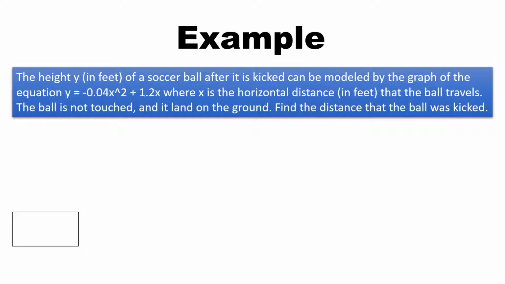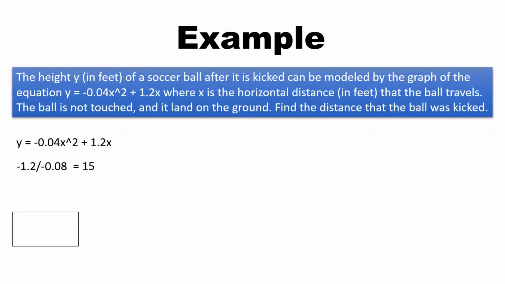To solve this, first of all you have to find the equation, and it's y equals negative 0.04x squared plus 1.2x. Now you have to find your line of symmetry by using the equation negative b over 2a. In this question, it will be negative 1.2 over negative 0.08, and your line of symmetry is going to be 15.